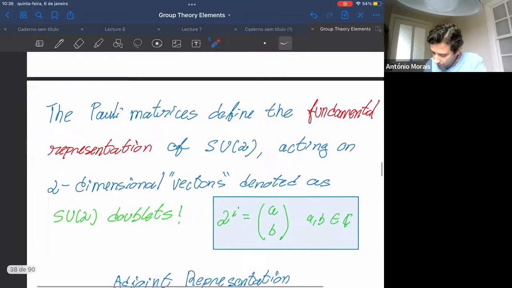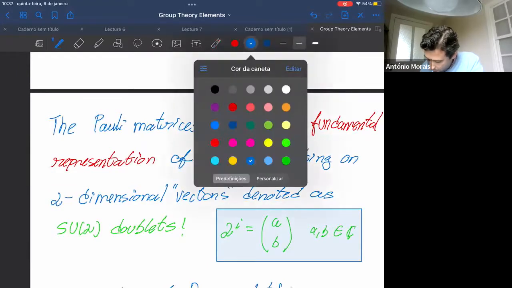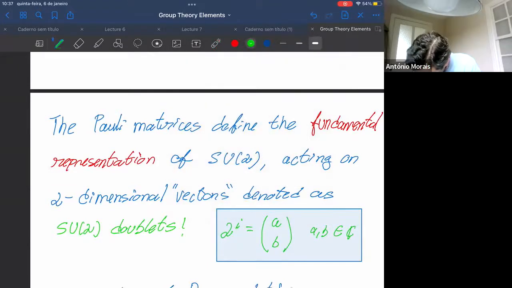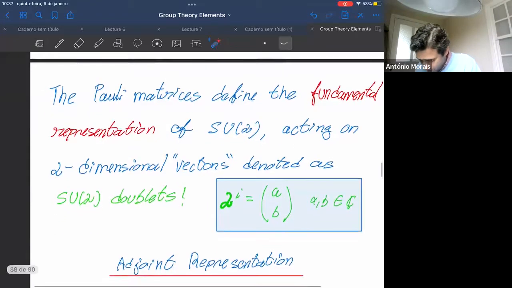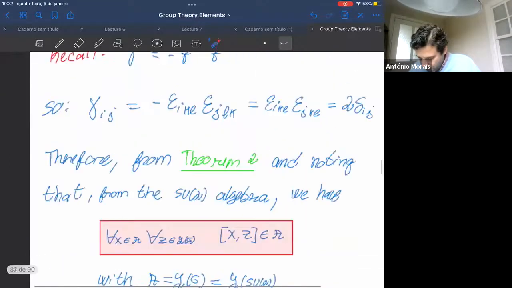In pure mathematical terms, you have a doublet that you can write as a 2. Typically, to standardize our notation a bit, this is written as a boldface number, a representation of symmetry. It has two components, which are complex numbers, and the Pauli matrices written in the form above.